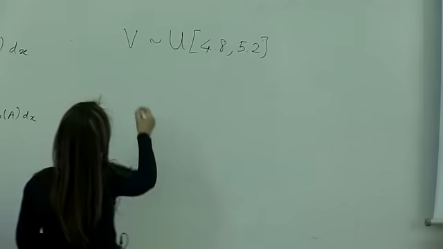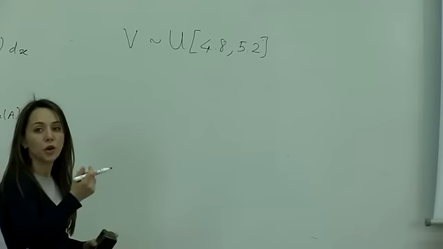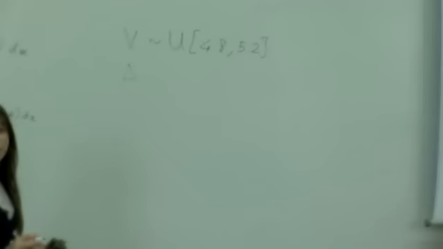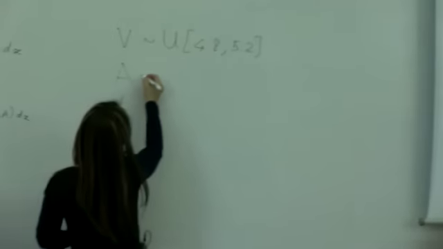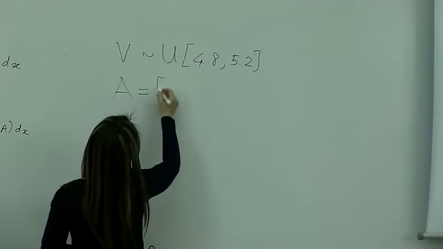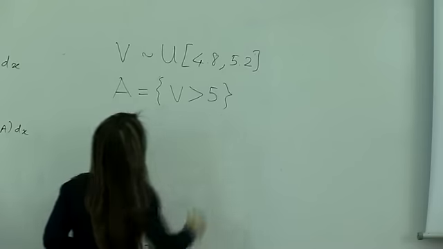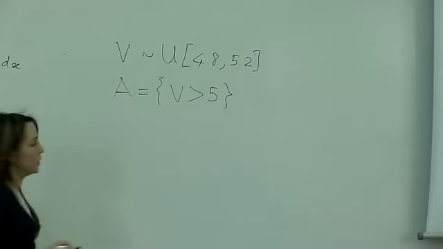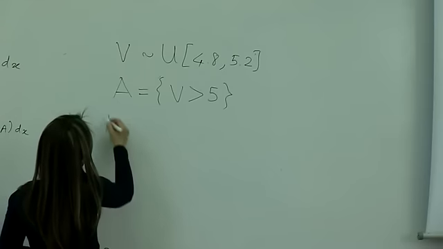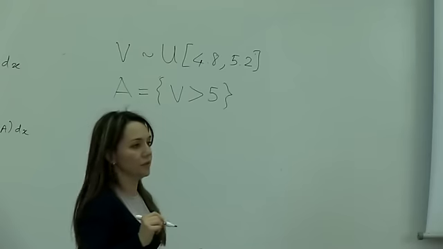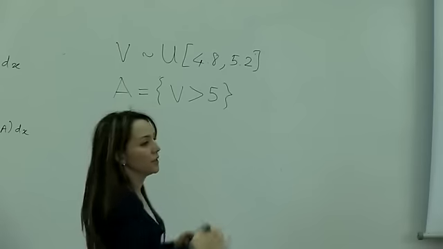Given that the voltage exceeds 5 volts, right? So the event A is, in this example, the event that V is bigger than 5. Does everyone agree? The event A that we're conditioning on is the event that V is bigger than 5. The question is, find the expected value of the power under the condition A.